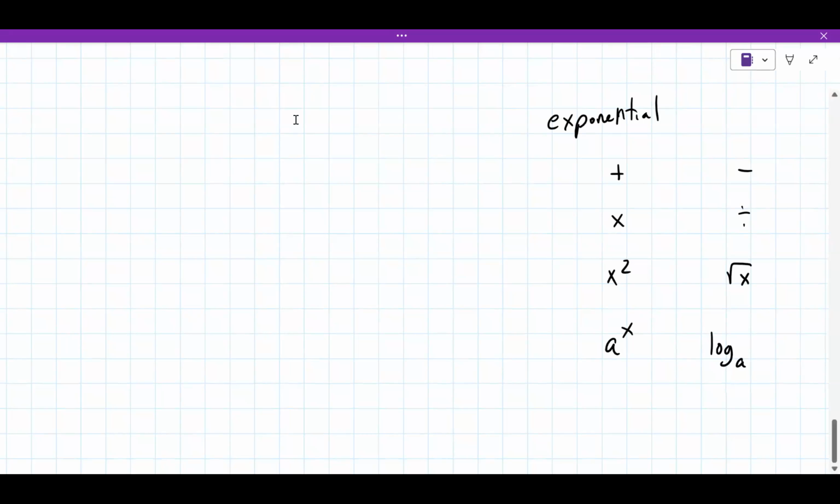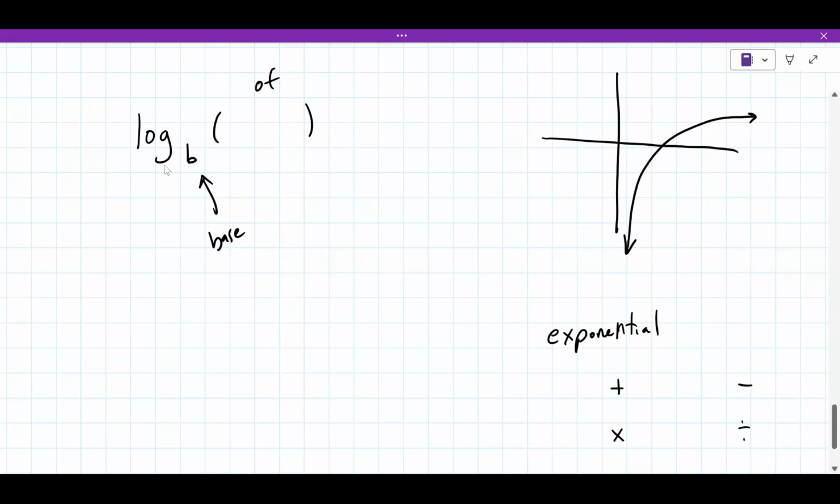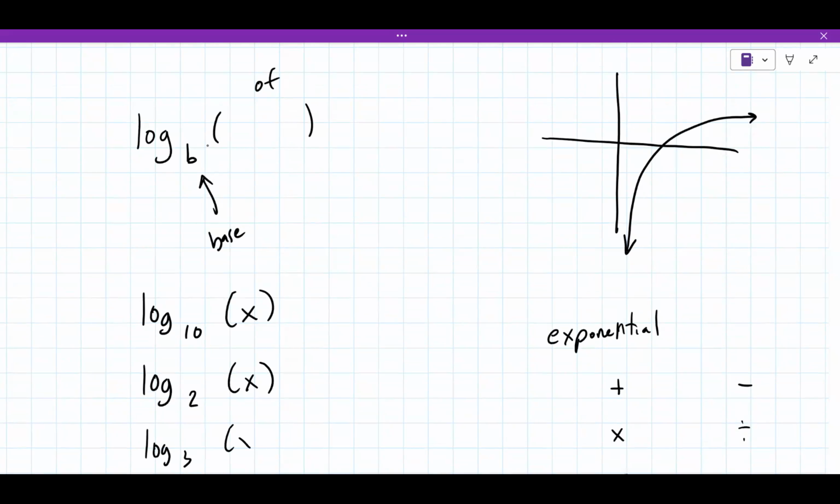But most of the time, you can think of logs as having some sort of base. The most common one is base 10, but you'll see a lot of problems where the base is 2 or 3. This is somewhat related to the programming world, where there are different bases for looking at numbers.